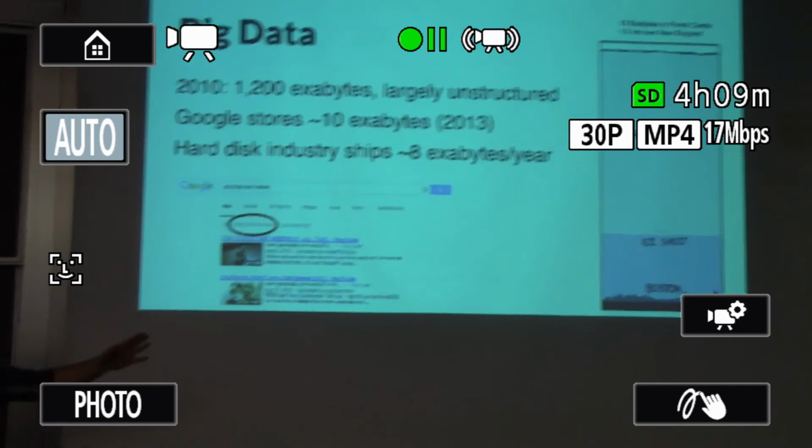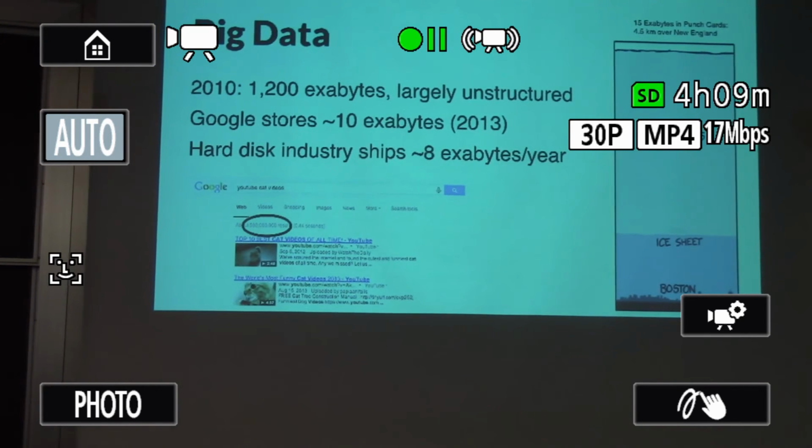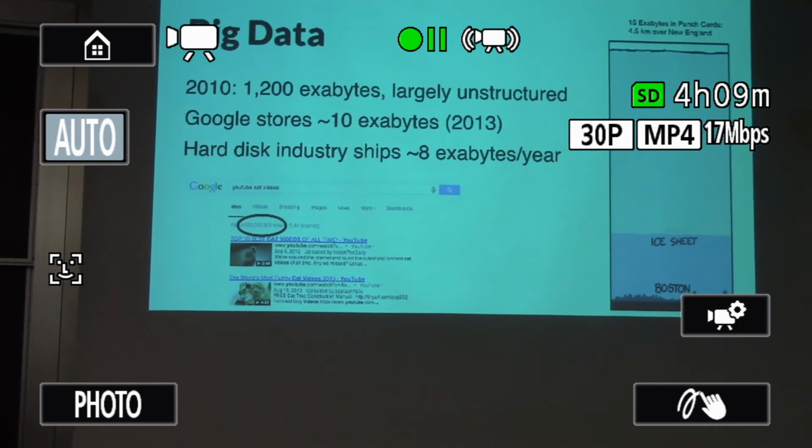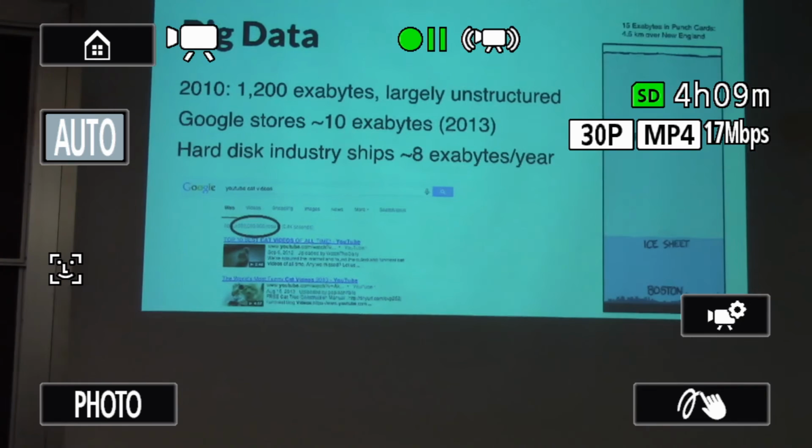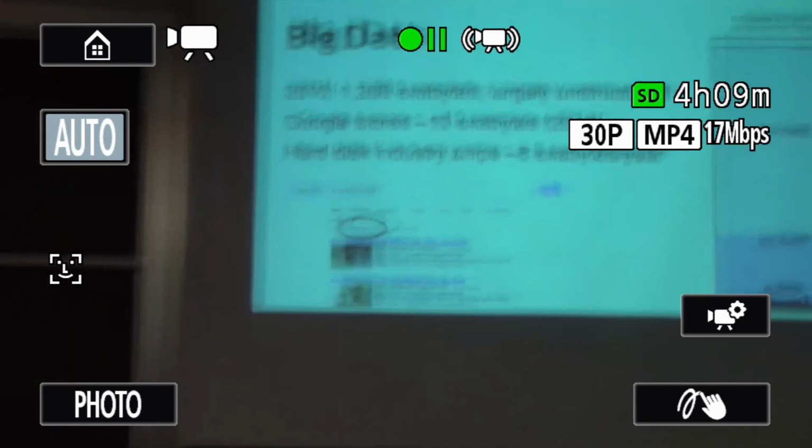And you'll see a lot of XKCD comics in the class. This is one I like that visualizes the size of the data that we're dealing with nowadays. He calculated that if you took all the data we have today, like 15 exabytes of data, and stored it onto punch cards, it would cover New England 4.5 kilometers deep.